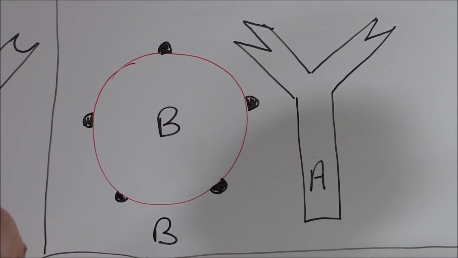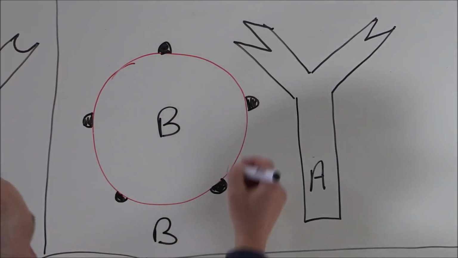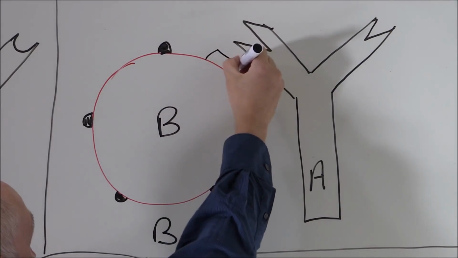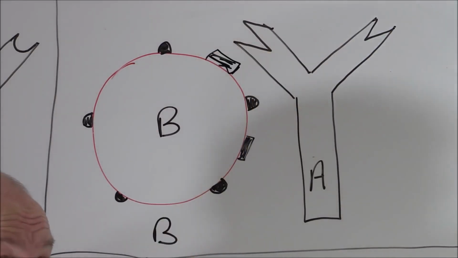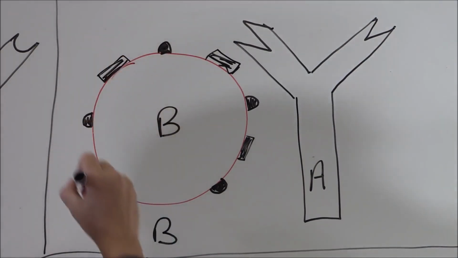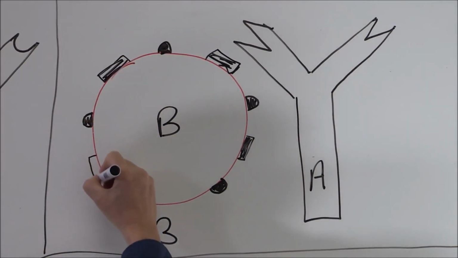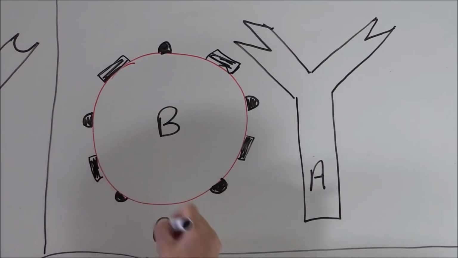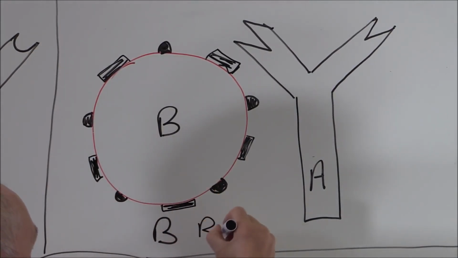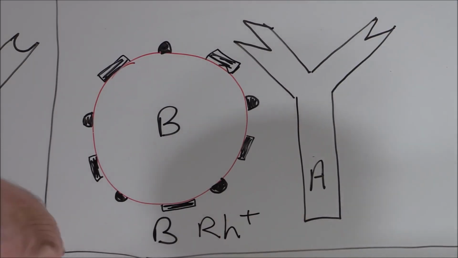They don't have the Rhesus factor. But if we add the Rhesus factor as an additional antigen, we're making that an oblong antigen today, they are actually specific molecular shapes. What we've done now is we've converted this into a B Rhesus positive.